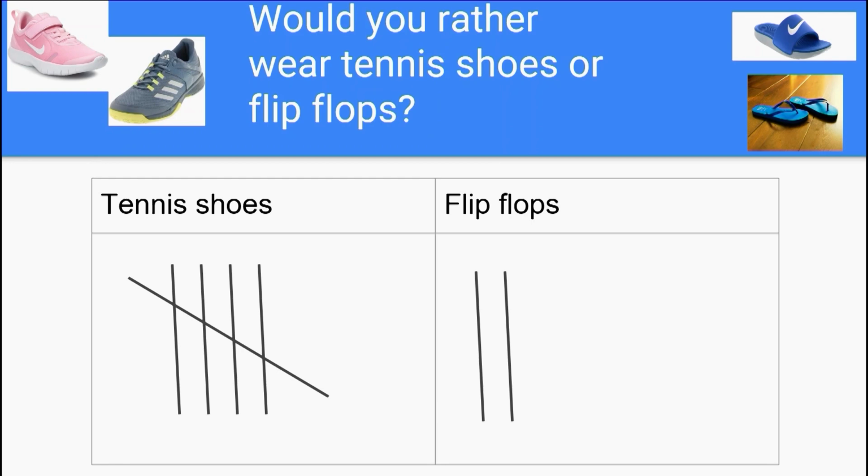Look at your data. Here's my data. If your data doesn't look like mine, it's okay. I'm proud of you for trying. What do you notice is similar in our representations?